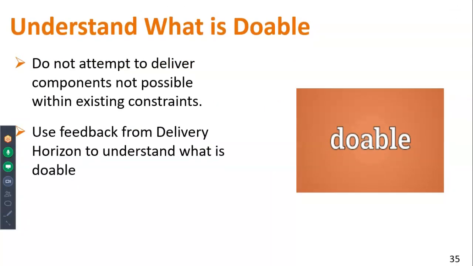Understanding what's doable, again here looking at the capabilities of our delivery team, the capabilities of our organization, the ability of our organization to adapt and adopt. You can build the greatest solution in the world, and if nobody uses it, it's not doing anybody any good.